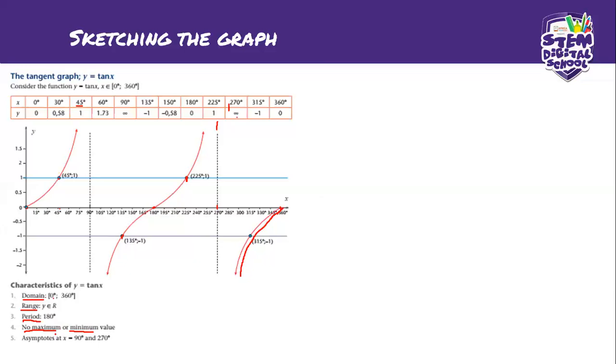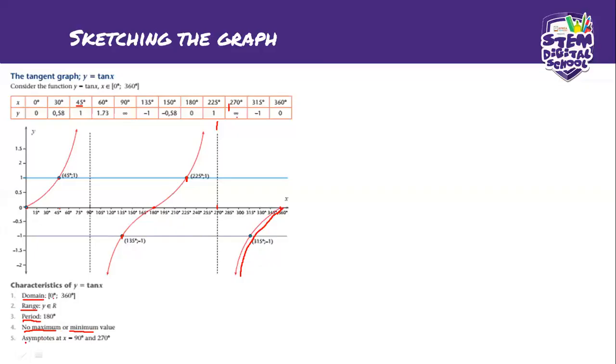Then if that is the case, surely we are not going to have the amplitude, because remember, for us to be able to determine the amplitude, we are depending on the maximum or the minimum value, right? Hence, we don't have that.